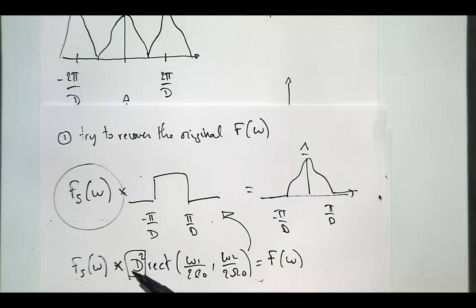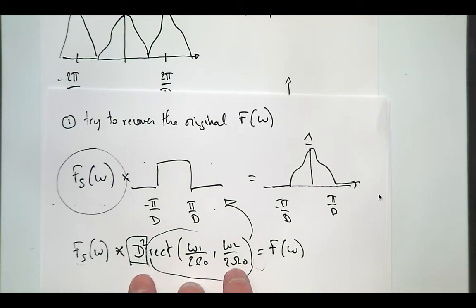So d squared is for rectifying the amplitude of your Fourier transform, and this rectangle is just to cut off any higher frequencies. That's the first part of your filter, and that's what we're going to apply.